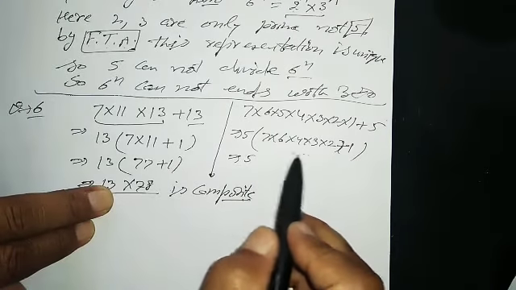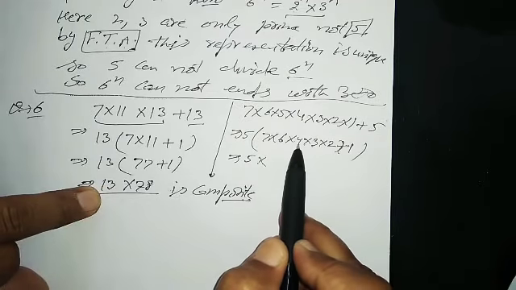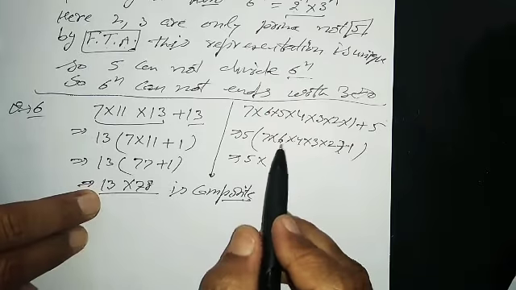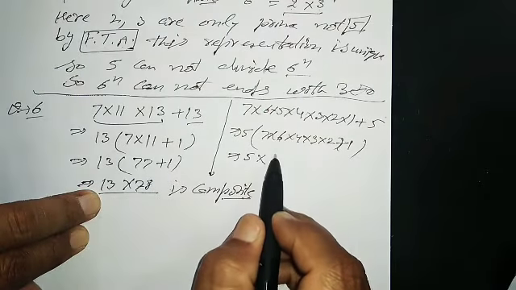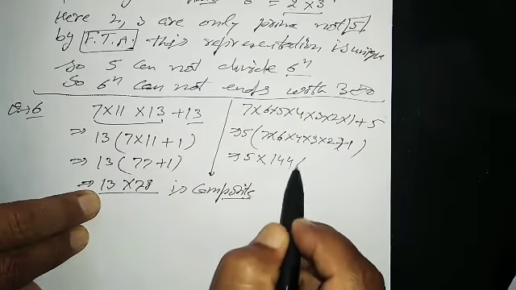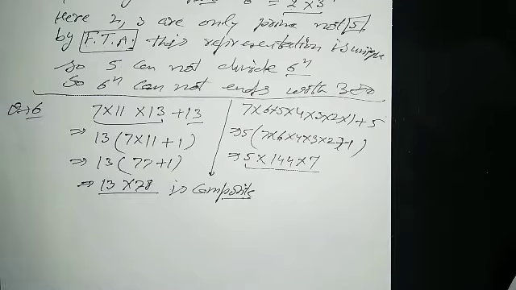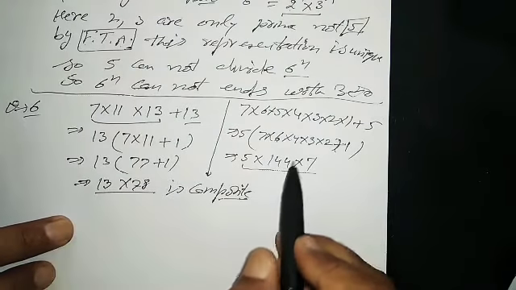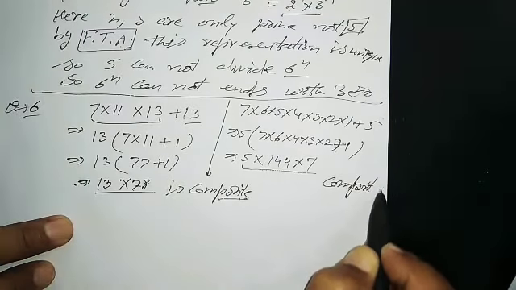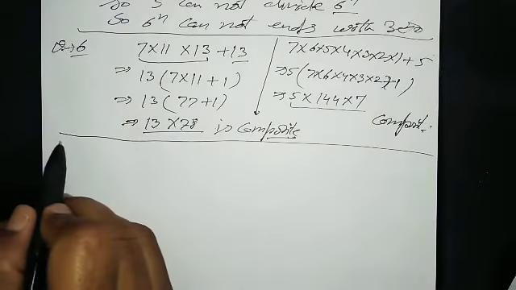Multiply these numbers: 2 threes are 6, 4 sixes are 24, 6 times 24 is 144, multiply by 7. So this is also a product of more factors, so composite, not prime. Very easy question. Question number 7.